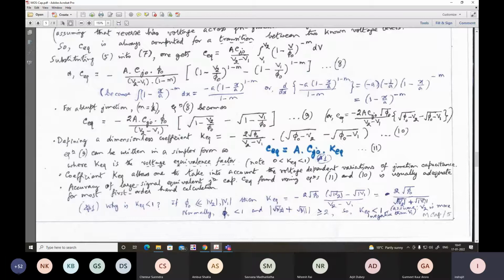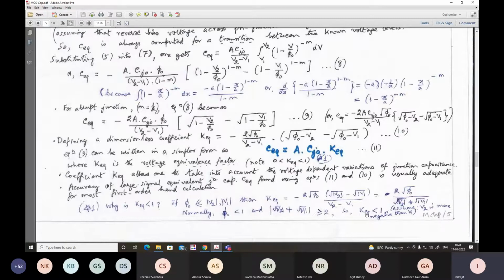And phi 0 is less than 1, whereas V2 may be much greater than 1. So in general, the denominator will be more than 2, and the numerator is 2 multiplied by some value less than 1. So overall K is found to be less than 1.